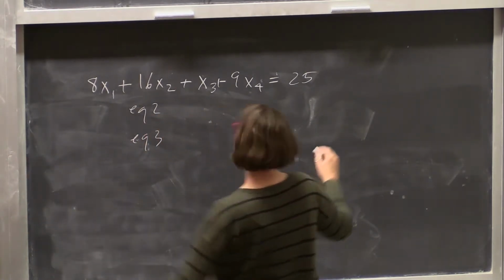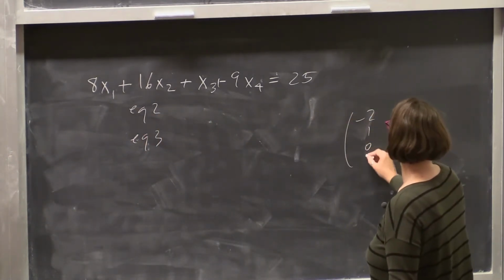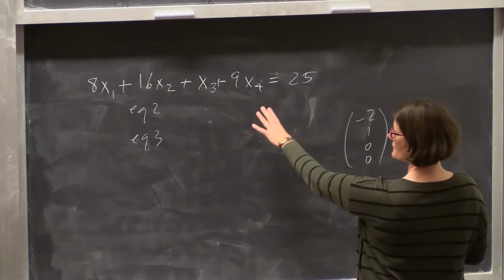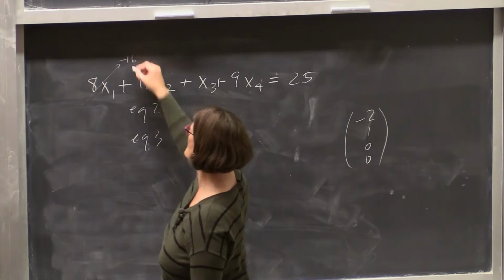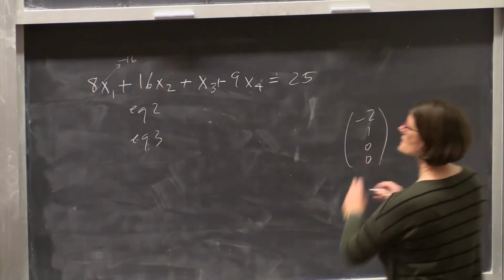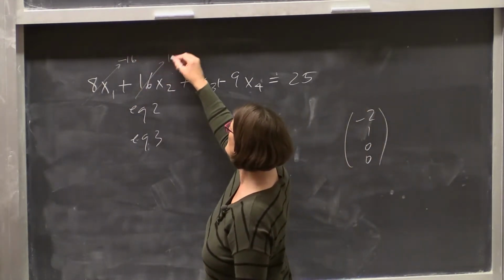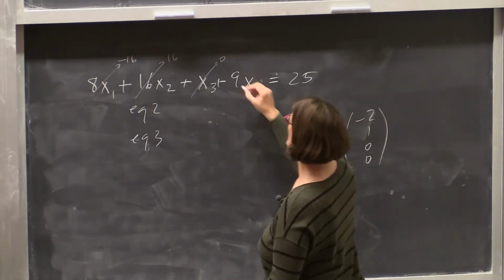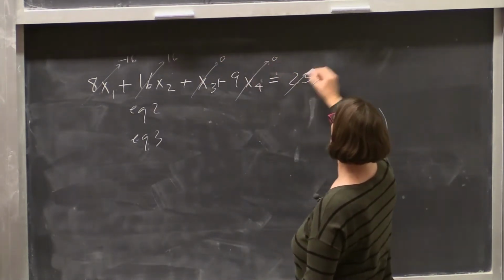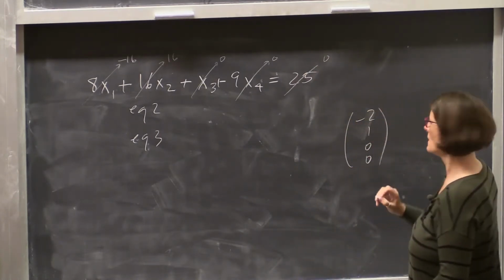If I take (-2, 1, 0, 0) and plug it in, this is going to go to -16, this is going to go to 16, and if I plug 0 and 0 in, that goes to 0, that goes to 0, and that's 0.